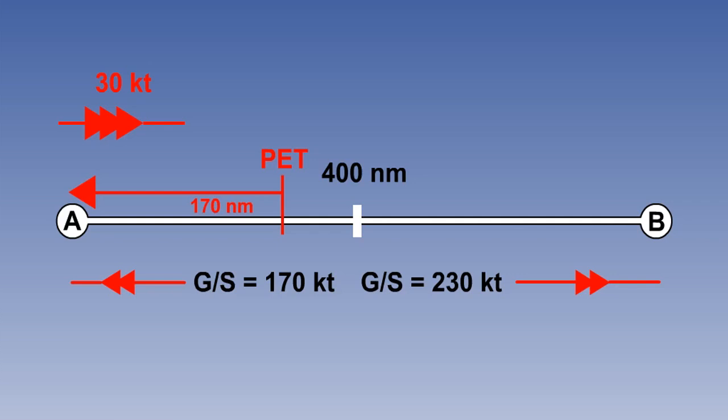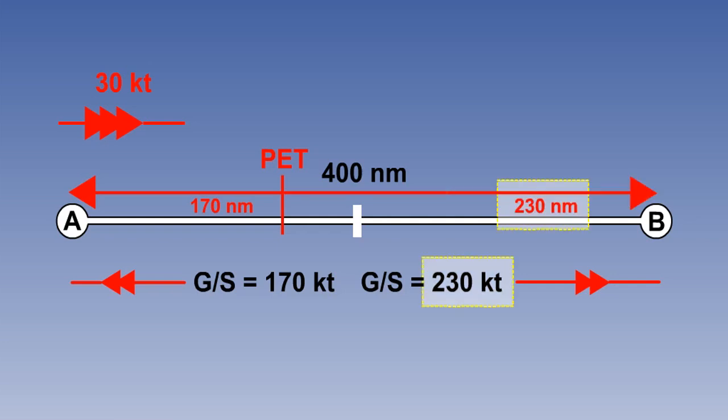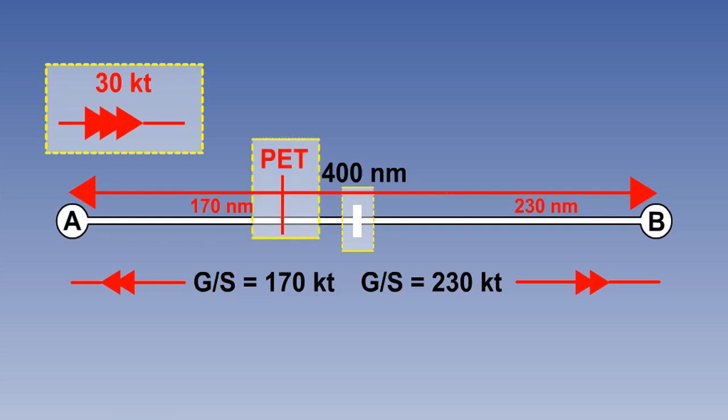The point of equal time moves backwards to a distance of 170 miles from the departure point. The distance onwards will be 230 miles at 230 knots, and the distance home will be 170 miles at 170 knots. The effect of the tailwind has also been to move the point of equal time towards the direction that the wind is coming from.